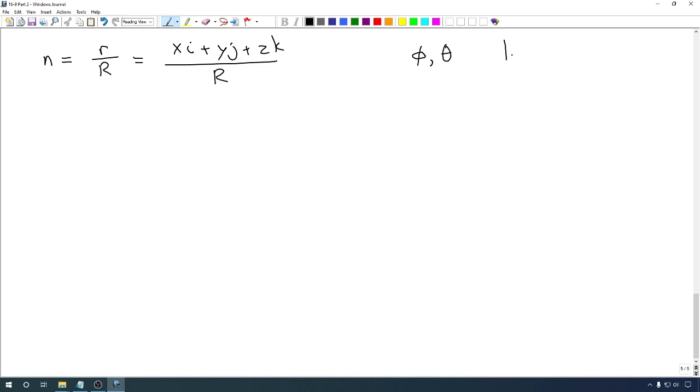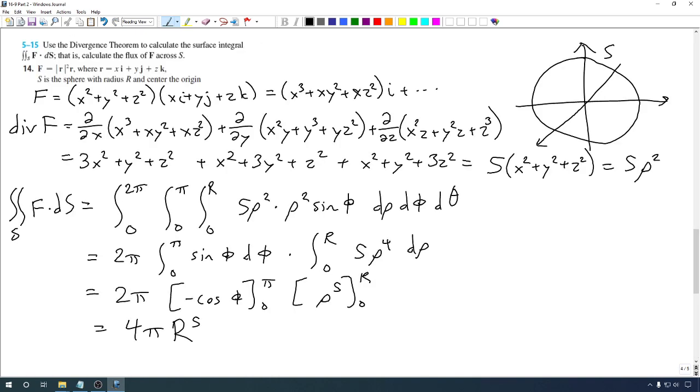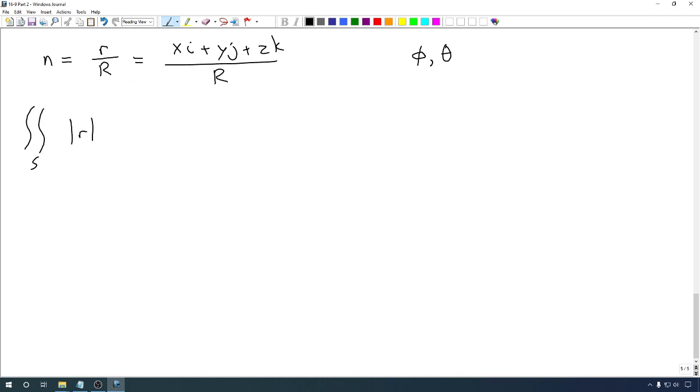Remember, first of all, we get the normal here, but when we turn this into a surface integral, the easiest way of doing that would be taking our function f here, which is the magnitude of r squared times r, dotted with that normal, which is r over big R, over S. As long as we are actually on S itself, the magnitude of r is just capital R. So this is actually a capital R squared.